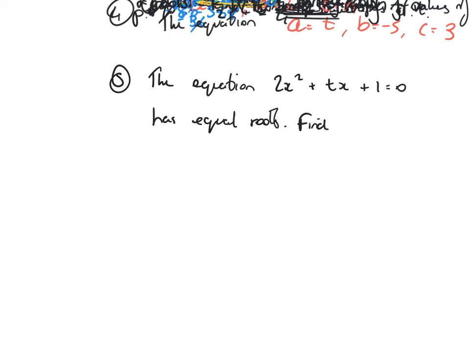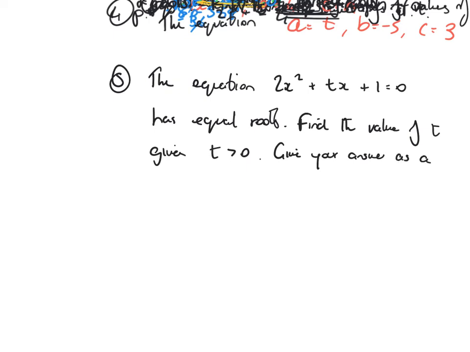Find the value of t given that t is greater than 0. The question then says give your answer as a surd in its simplest form.